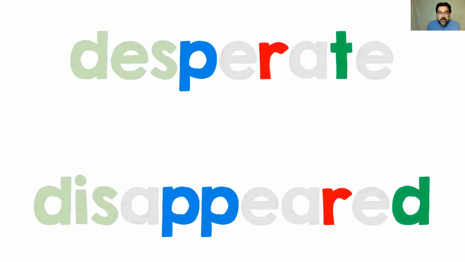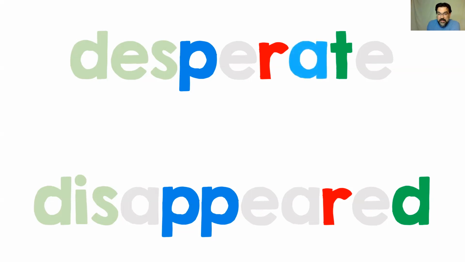Take a look at this. The words start pretty much the same, DES, DIS, just a little bit of difference. But I want you to look at the PRT in desperate. There's a P and an R and a D in disappeared. Kind of the same as before.